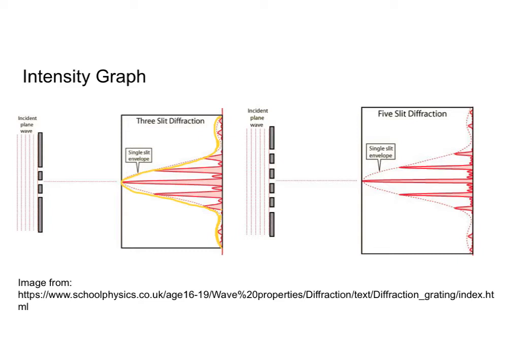So we'll have many more local minima and maxima. Rather than seeing something that looks like this with a single slit, what you may see is something that looks like this. These should be 3. I'm having some trouble drawing them. But you'll see multiple minima and maxima within that single slit envelope of light.